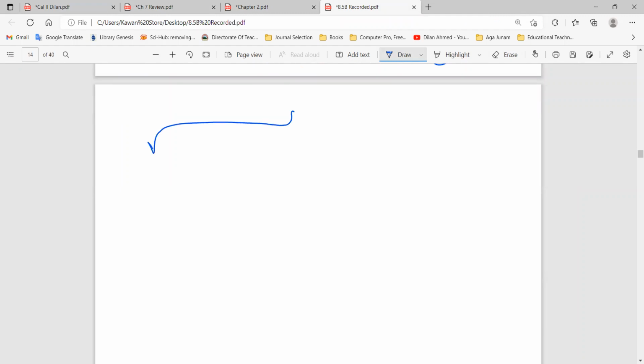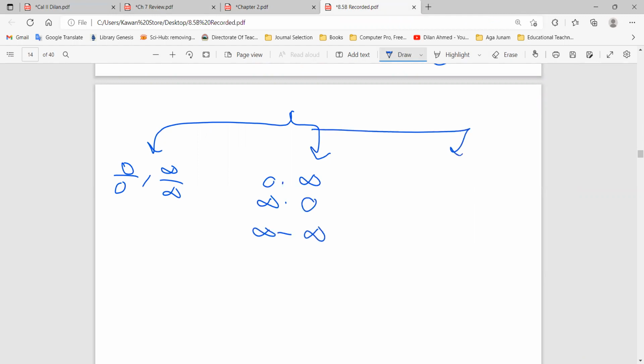One of them is 0 over 0 or infinity over infinity. The second, 0 multiplied by infinity, infinity multiplied by 0, and infinity minus infinity. And the third one is powers, like 1 to the infinity, 0 to the 0, infinity to the 0, and so on. Maybe I forget something else, but mostly they are like that.